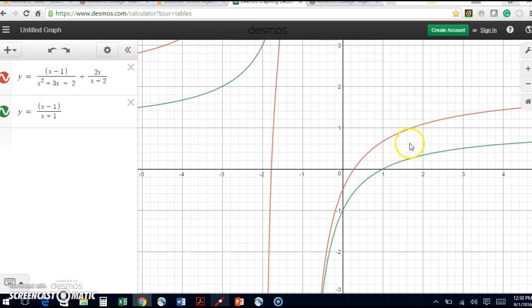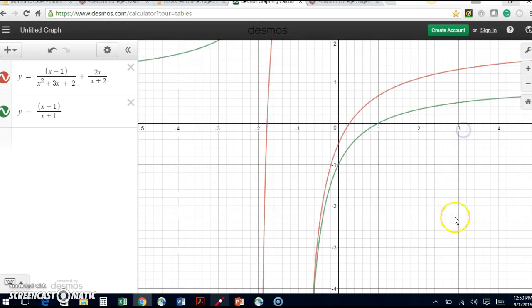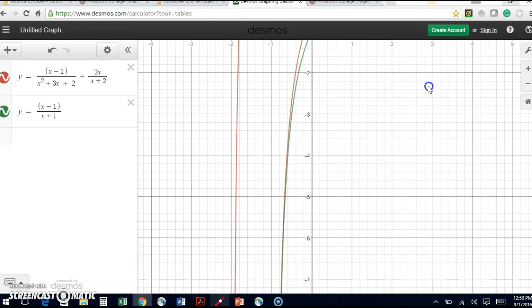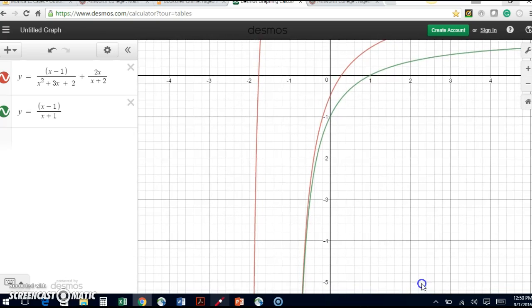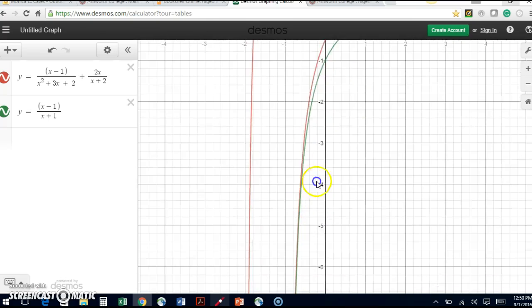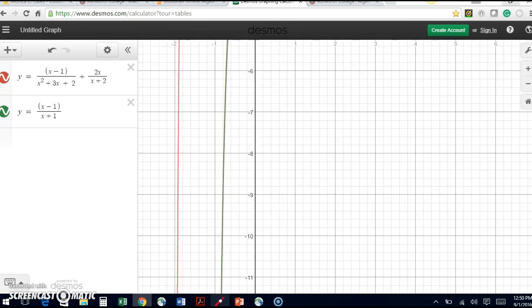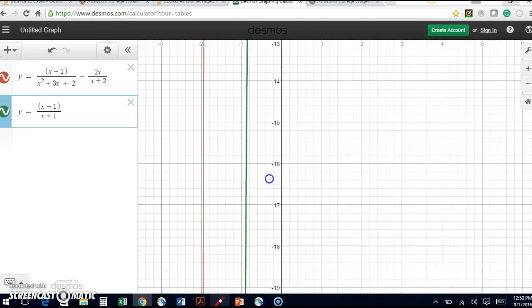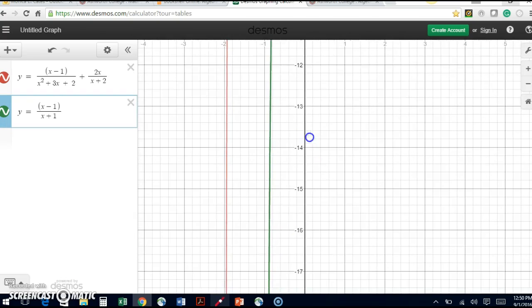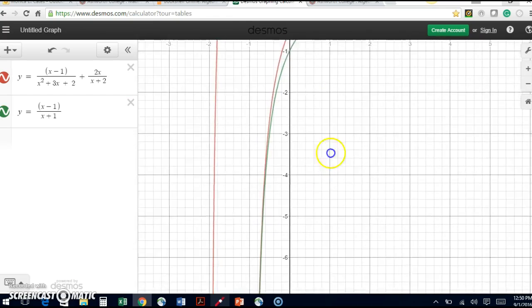As you can see, going this way, it looks like it crosses at an asymptote. You can see that it gets closer and closer to, excuse me, negative 1.